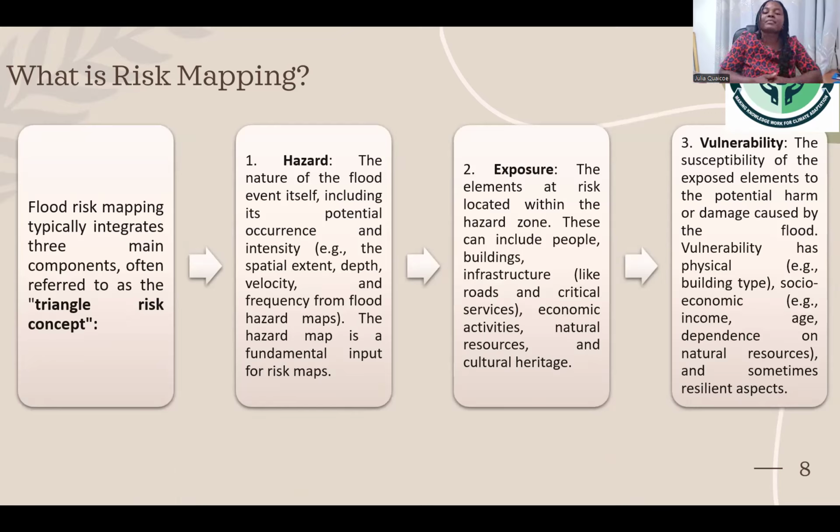Again, when we are looking at the hazard, we can as well talk about the intensity of the hazard. The intensity of a hazard looks at how serious it can be or how dangerous it can be, or the magnitude.